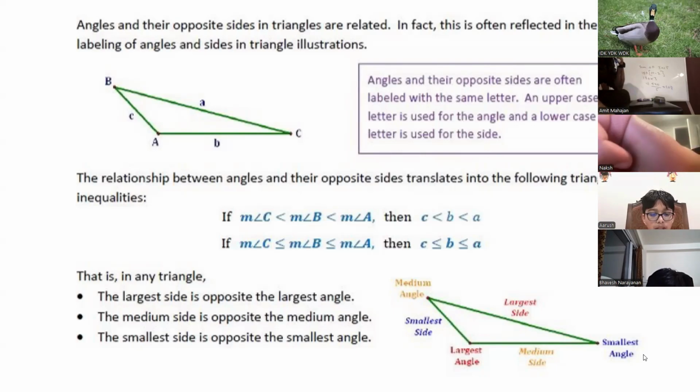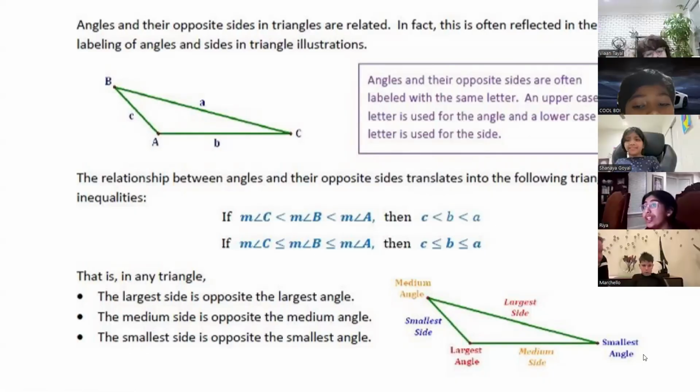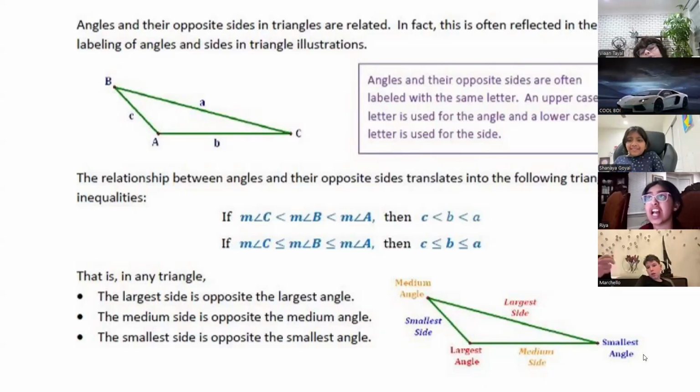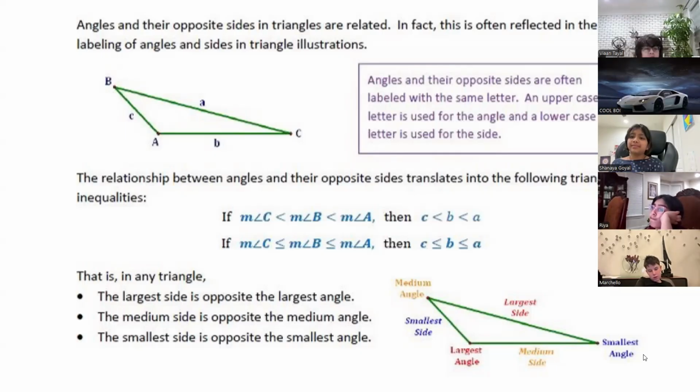If measure of angle C is less than measure of angle B and less than measure of angle A, then c is less than b. Arush, just to help you out, since we are reading it for the first time, m means measure. The letter m means measure of that angle, the value of that angle.